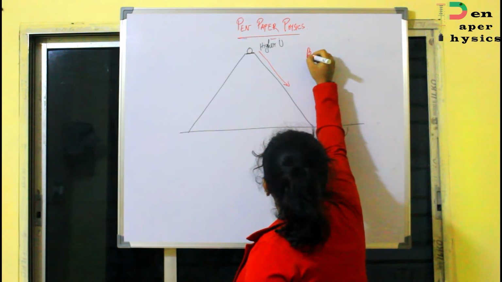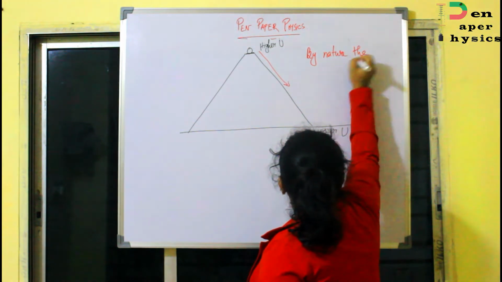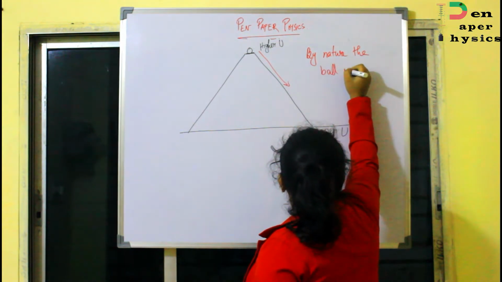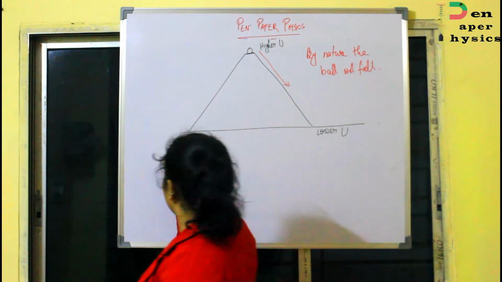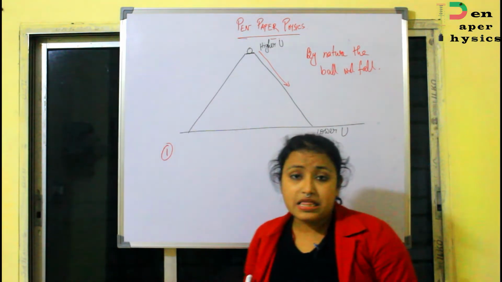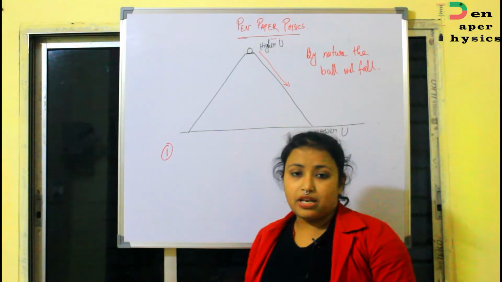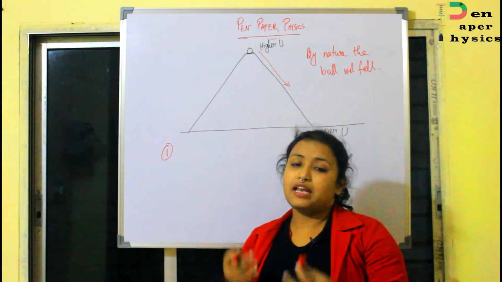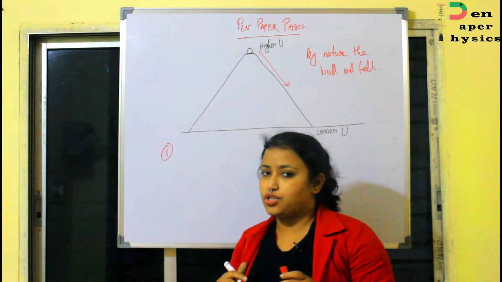So by nature, the ball will fall. The first point we understood here is that whenever there is a change in potential energy, any object automatically flows from higher potential energy to lower potential energy.